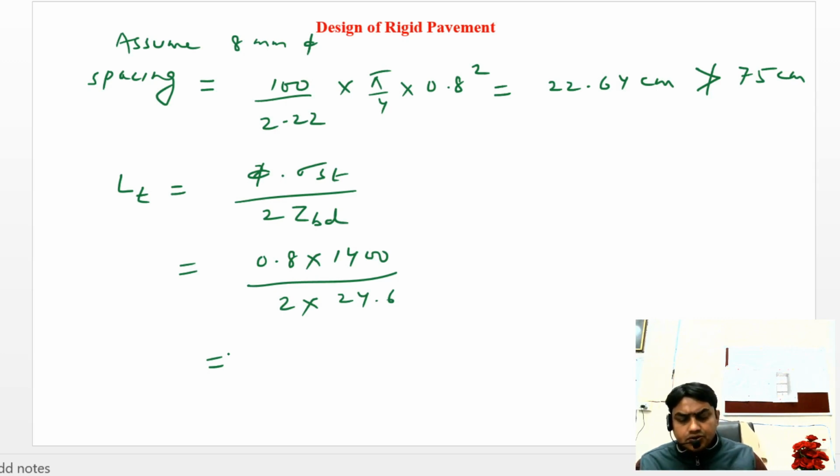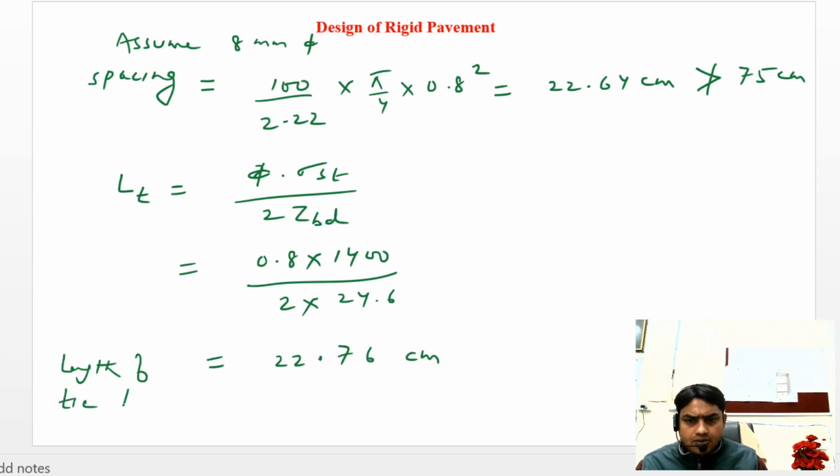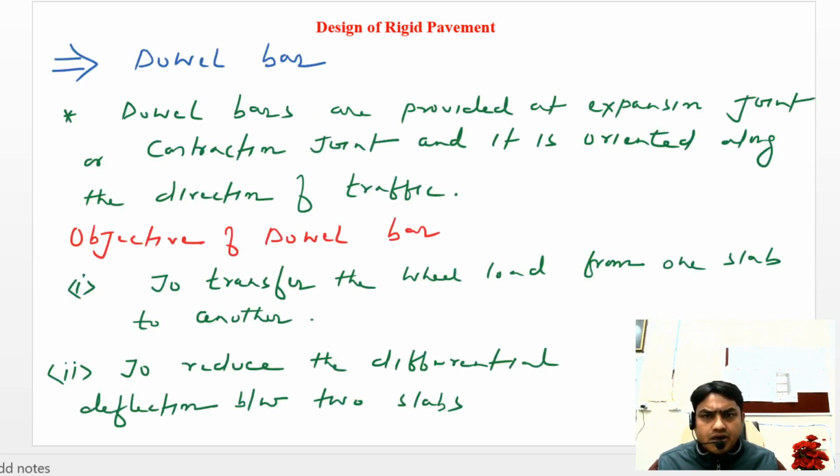So it is 22.76 centimeter. So length of tie bar is equal to 22.76 centimeter. Now I am going to design the dowel bars, and what is a dowel bar.